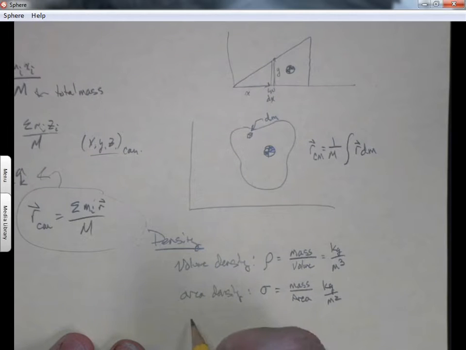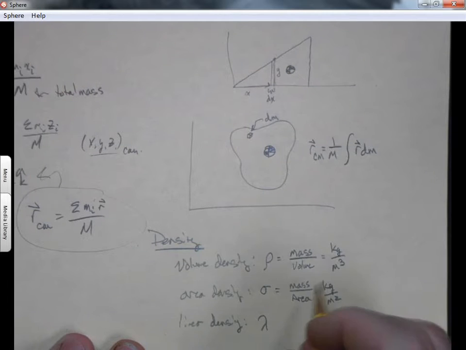Okay, and then we have a linear density, which is given by a lambda, not to be confused with wavelength, and that's going to equal our mass over our length, or kilograms per meter.